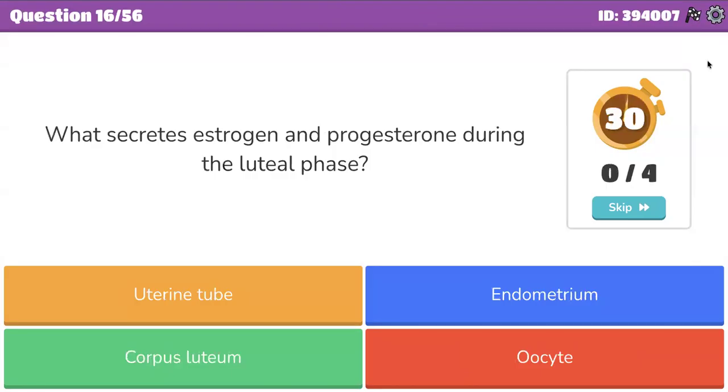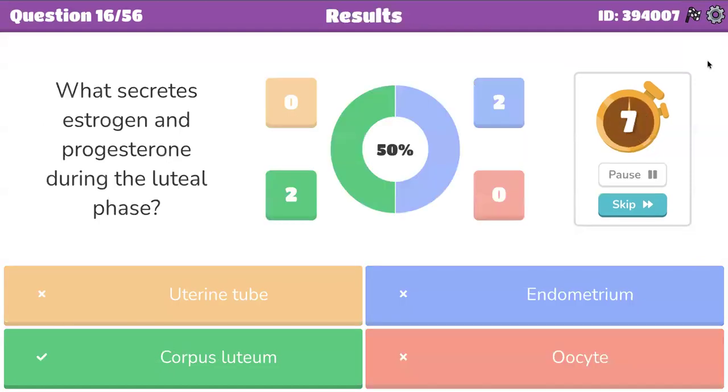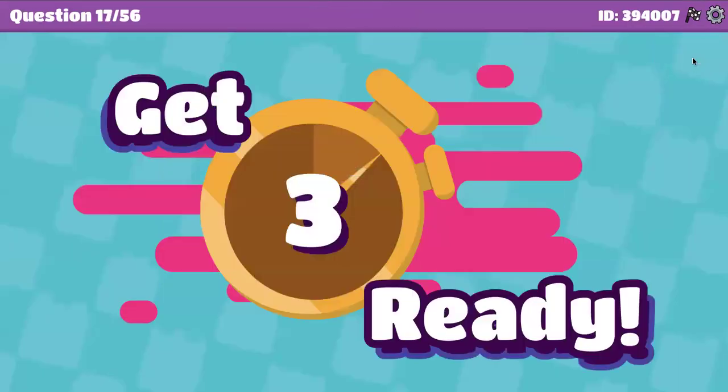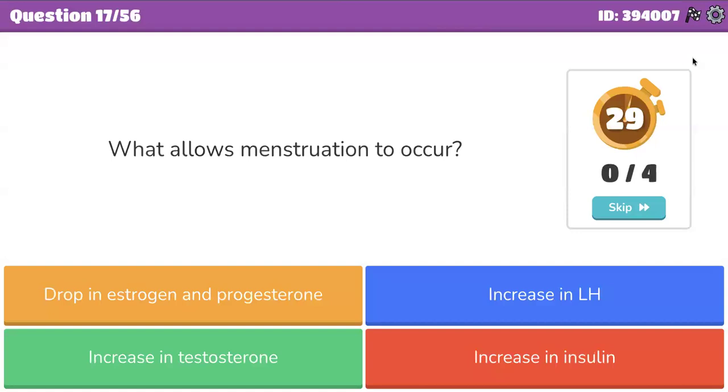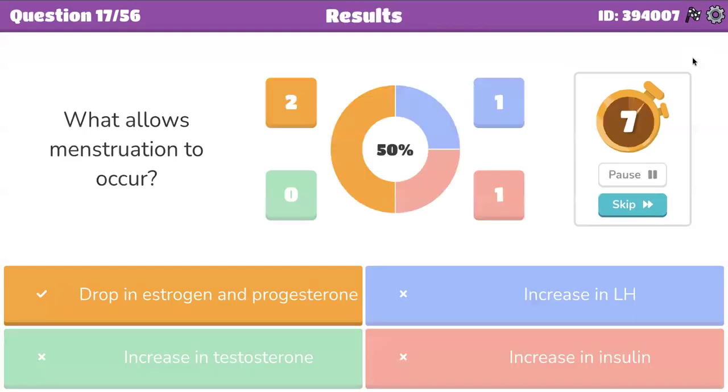What secretes estrogen and progesterone during the luteal phase? The corpus luteum. What allows menstruation to occur? A drop in estrogen and progesterone.